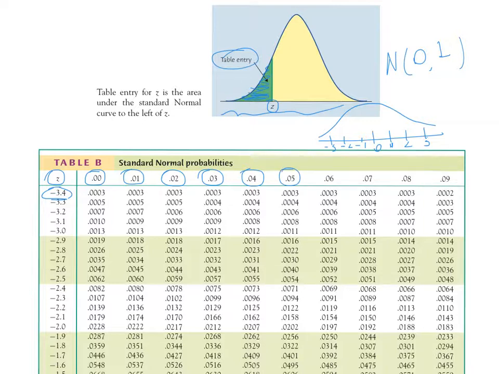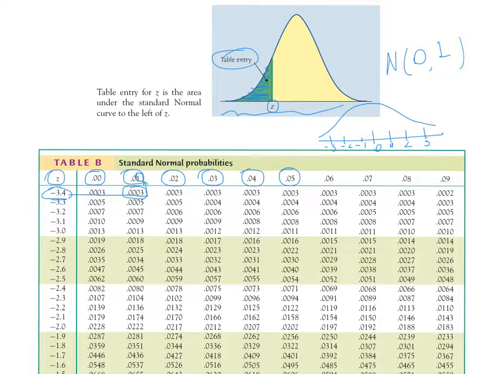So if you want to find the area to the left of -3.41, then we go down this row and stop here because the second decimal place is 1. This would be the area corresponding to the left of -3.41.